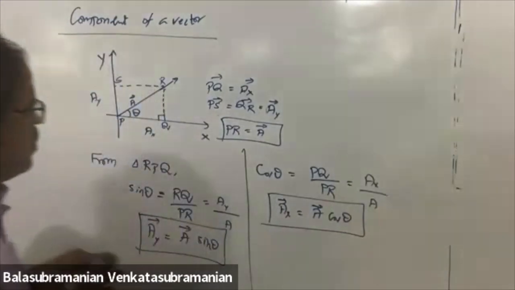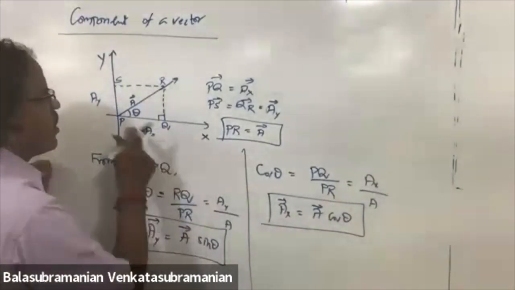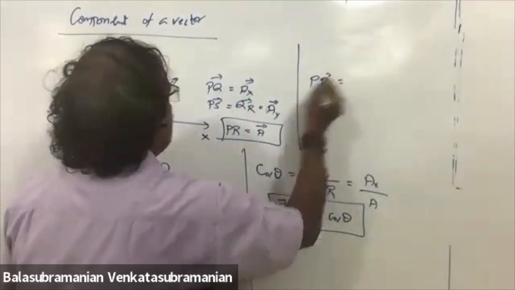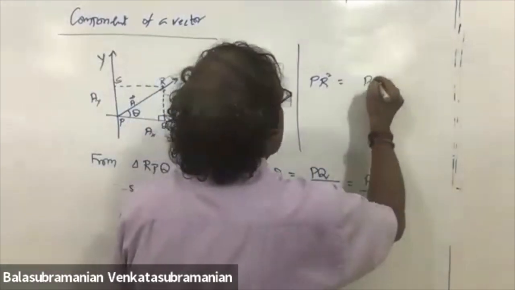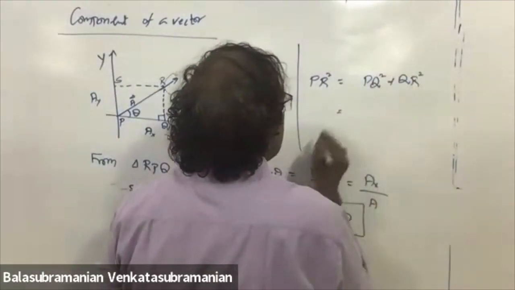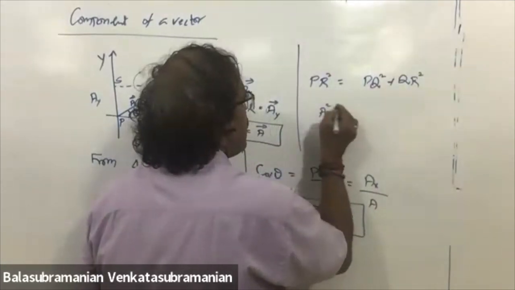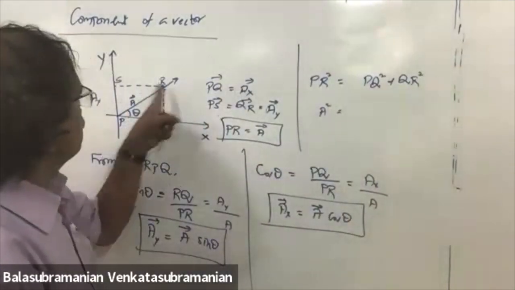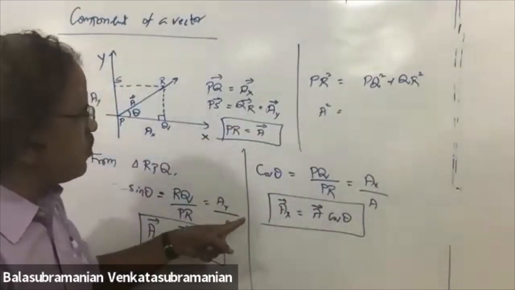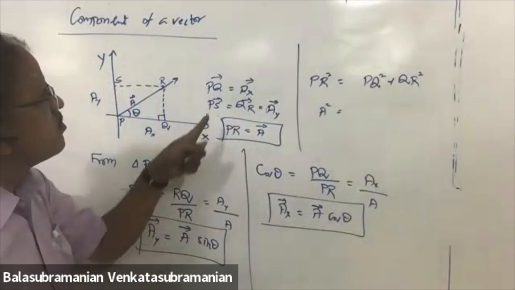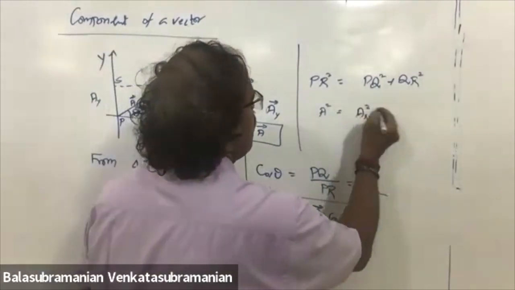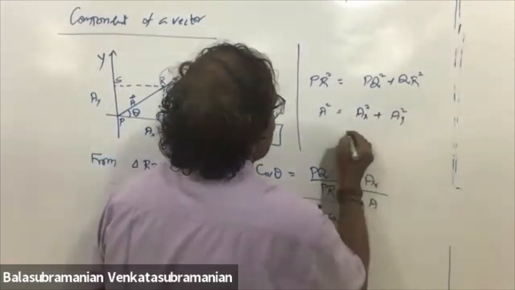How? You use Pythagoras theorem here. PR square is equal to PQ square plus QR square. PR square is nothing but A square. PQ square, what is PQ? AX square plus AY square.